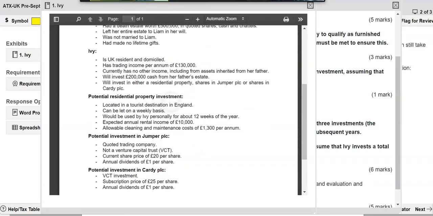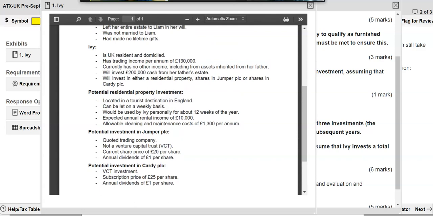Have we read the other part? Yes. So Evie is a UK resident and domiciled, has trading income of £130,000 per annum. So this was the amount on which the income tax liability was calculated. Currently has no other income, including the assets inherited from her father. Will invest £200,000 cash from her father's estate. Will invest in either the residential property, shares in Jumper, or shares in Cardi.